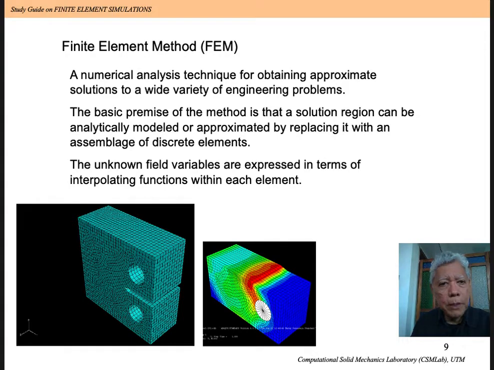The basic premise of the finite element method is that a solution region can be approximated by replacing it with an assemblage of elements. The unknown field variables such as displacement are then expressed in terms of interpolating function within each element. Interpolation functions, which are central to the finite element method, are discussed in your finite element analysis course.